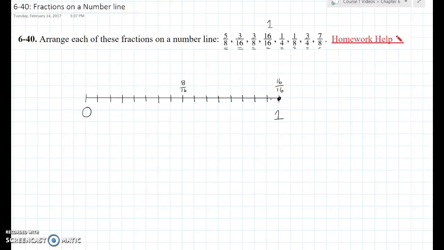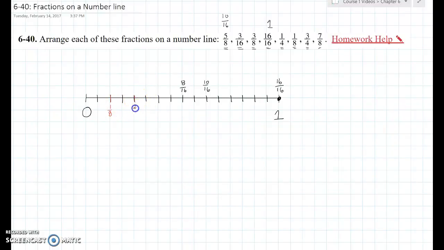So let's start placing these. 5/8 is the same thing as 10 sixteenths. So that would be right here, 8, 9, 10 sixteenths. I could even do the eighths. Actually, this will be kind of cool. I can do the sixteenths in black. The eighths, there's 8 of them, so this would be 1/8.